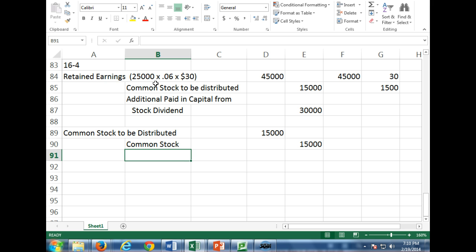Because that's what has to happen. You reduce your retained earnings when you declare a stock dividend, don't you? And we're showing common stock to be distributed and additional paid-in capital. But then when we're actually issuing it, we're going to reverse that entry and show common stock being issued. Make sense?